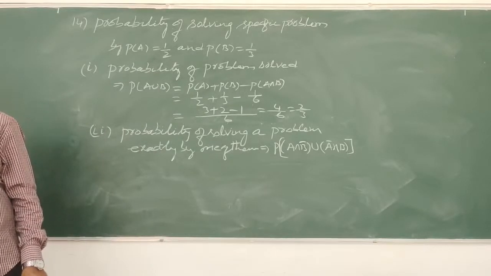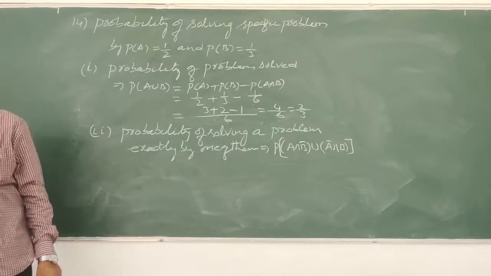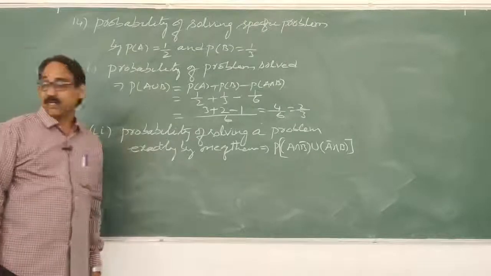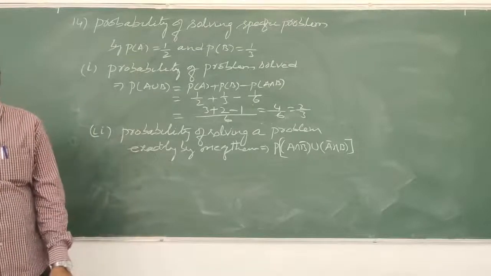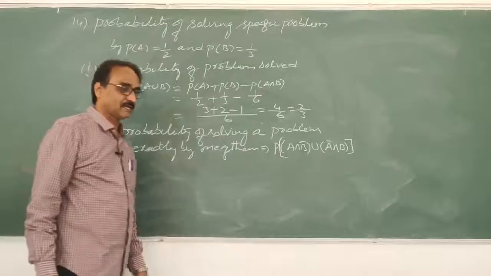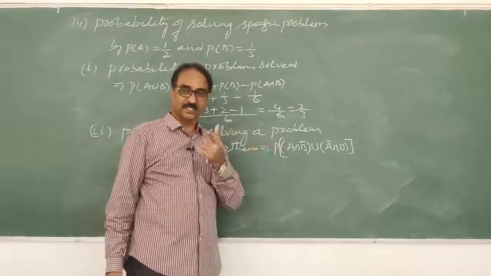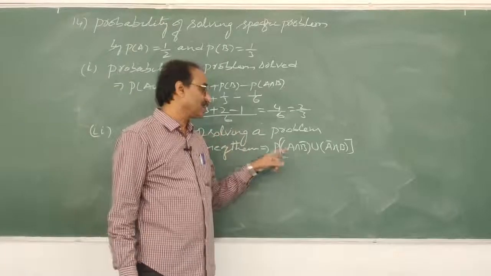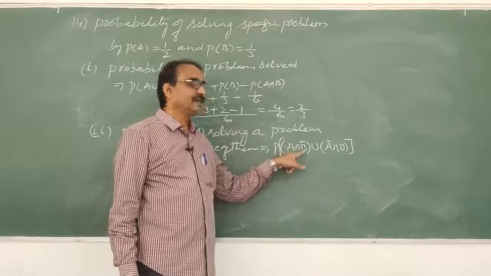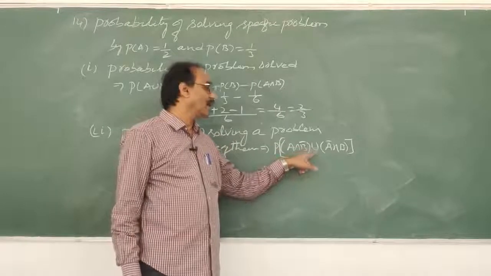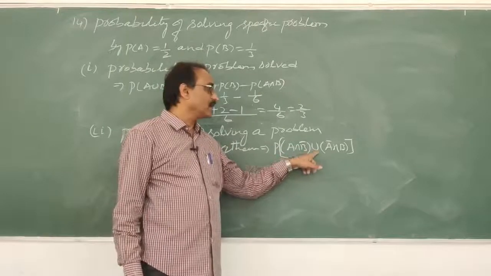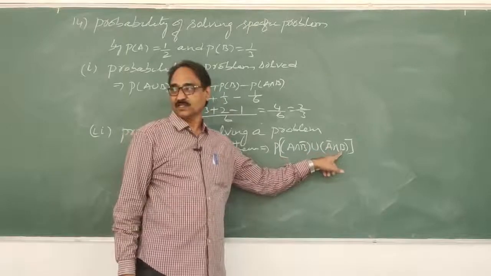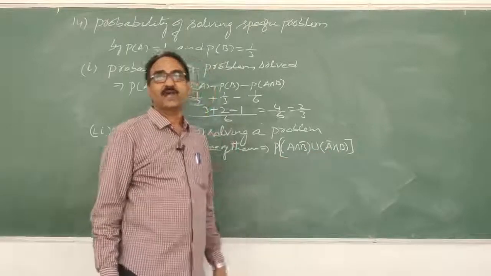What does it mean, sir? Exactly one of them has to solve, so A will solve and B cannot solve, or A cannot solve and B will solve. This is the meaning. But both A and B are independent events.